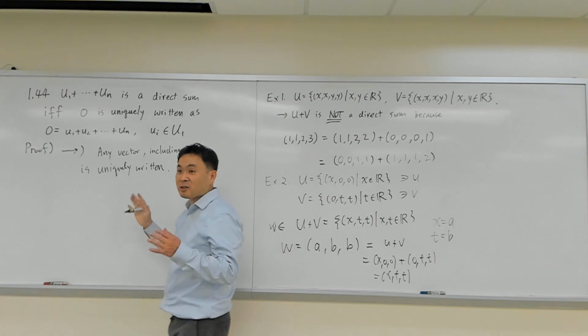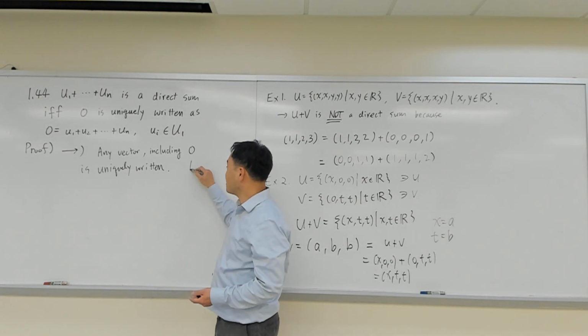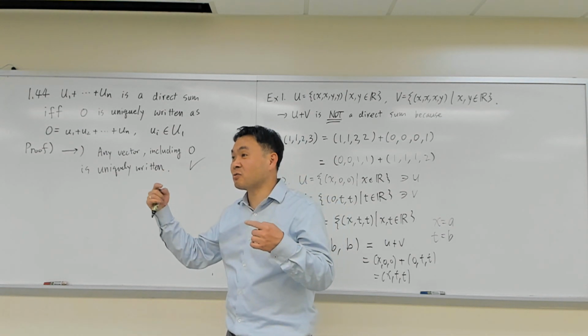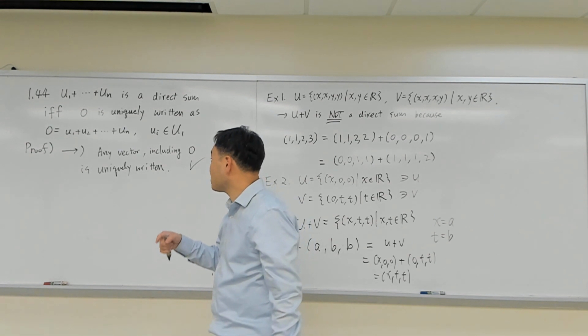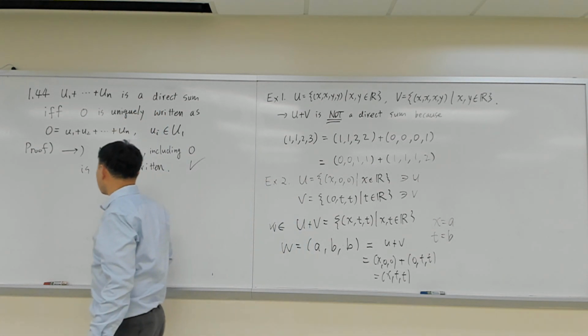Right? Since any vector includes 0, 0 is also uniquely written, so done. That part is easy. Now, if and only if means that you have to show two different cases. So if it is a direct sum, then we know that 0 is uniquely written.